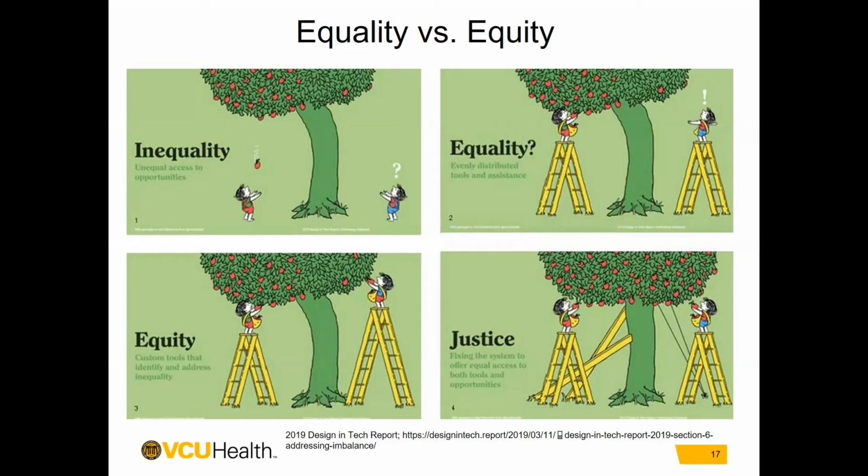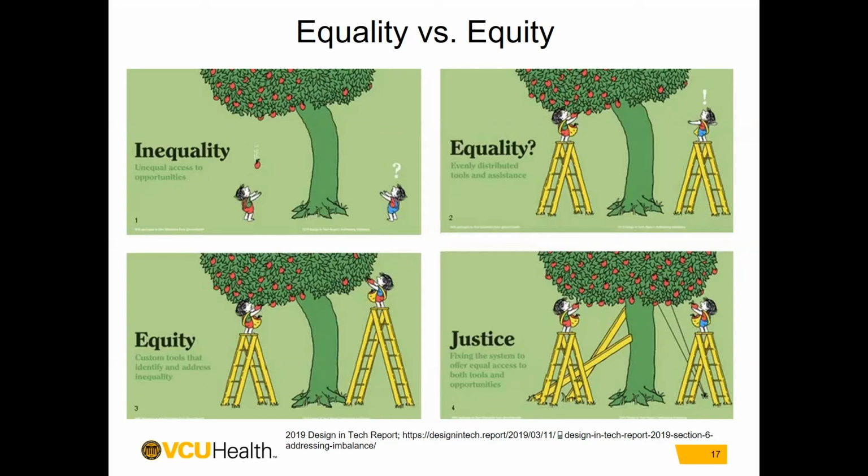It is the way that it has developed over time, such that it leans so that there's more access to the apples for one population, the people in the red, versus the people in the blue. So how would you approach this using an equality lens? How could you address this inequality?